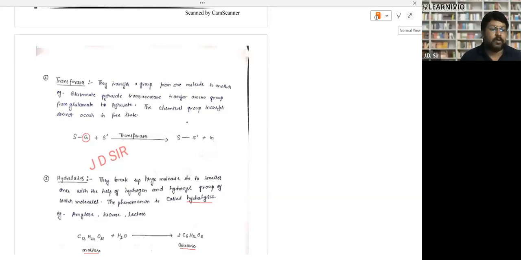Now it is reacting with S dash. This functional group G will be transferred from S to S dash. Transferases have removed the functional group and transferred it to someone else. So that is called transferases. They transfer the function. Clear or not? Yes, sir.